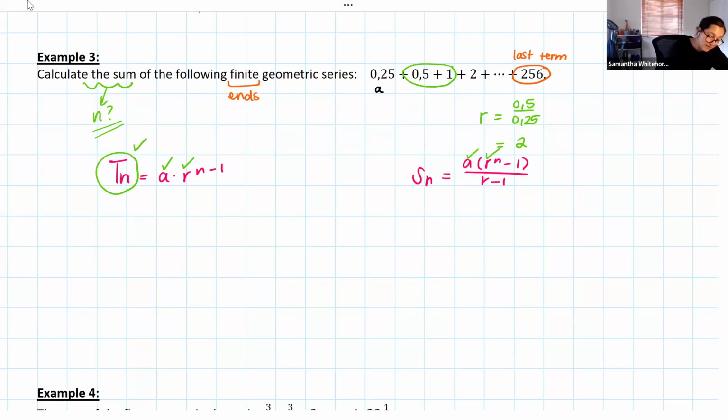So technically, I know that the value of my term is 256, which means that the only unknown I actually have when using the Tn formula is n, and n is what I want to know. I want to know how many terms are in the series so that I know how many terms I'm adding.